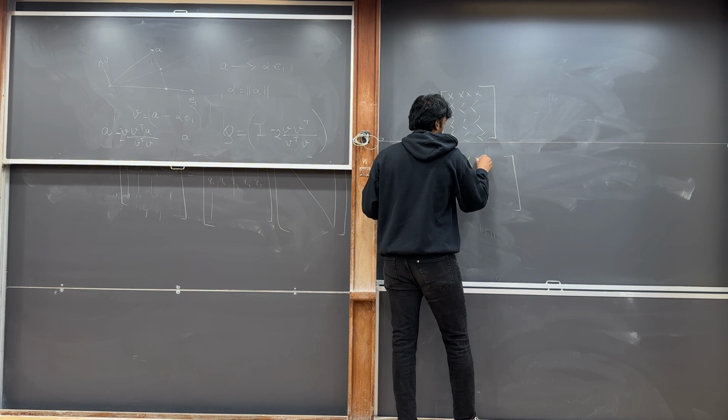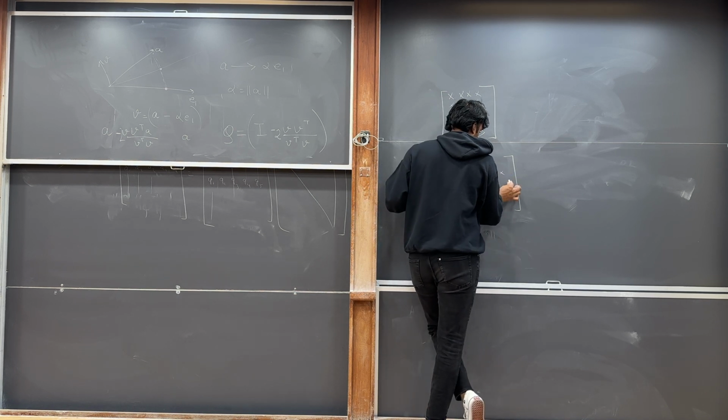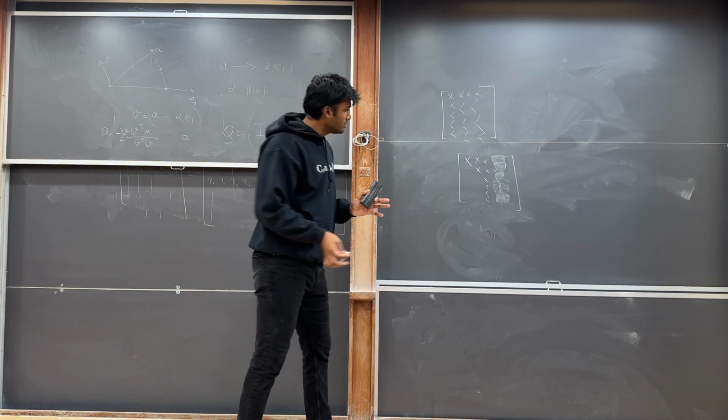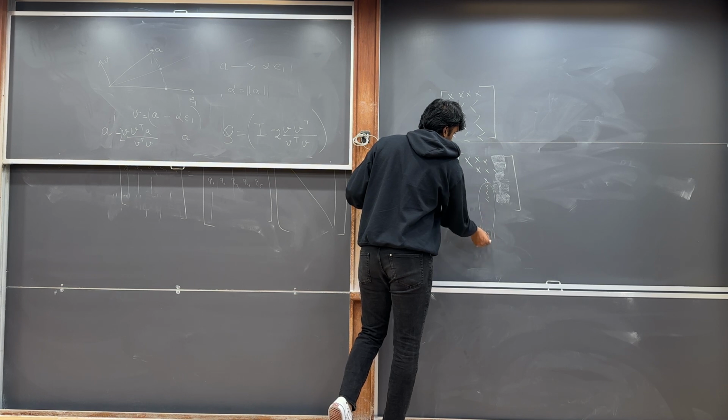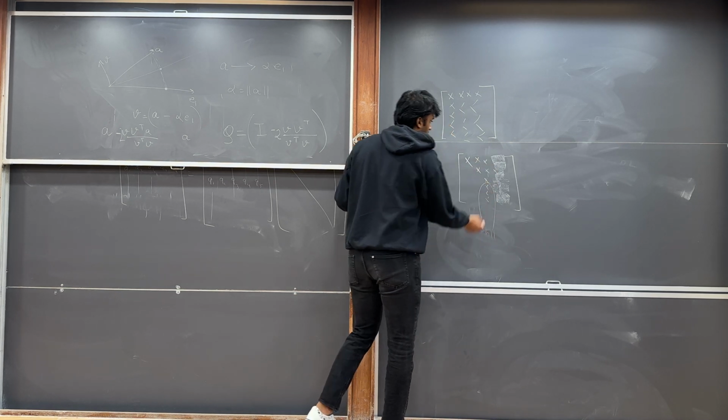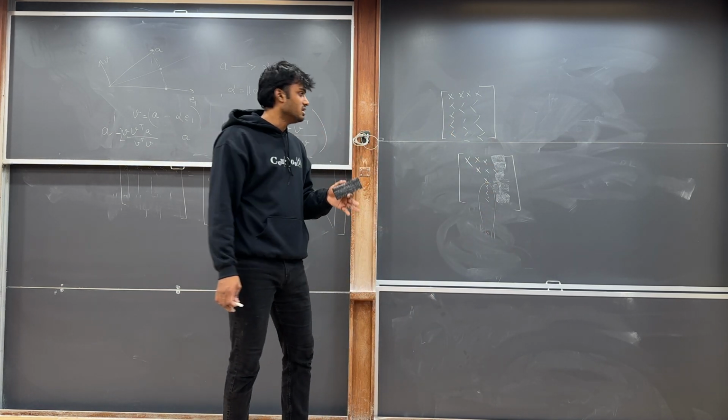Let's say I did it for 2 columns. Now, this is full and this is full. What I want to do is remove all of these numbers. I want to convert column 3 to an upper triangular column. That means it only has 3 elements.